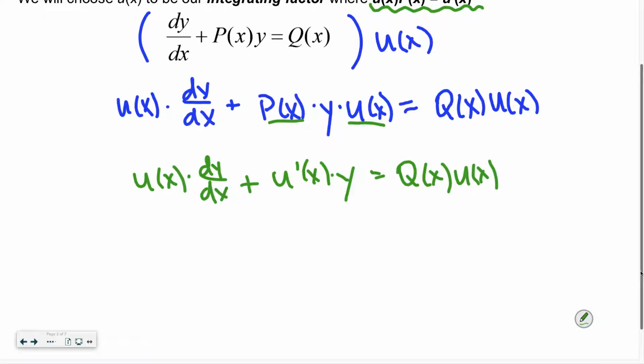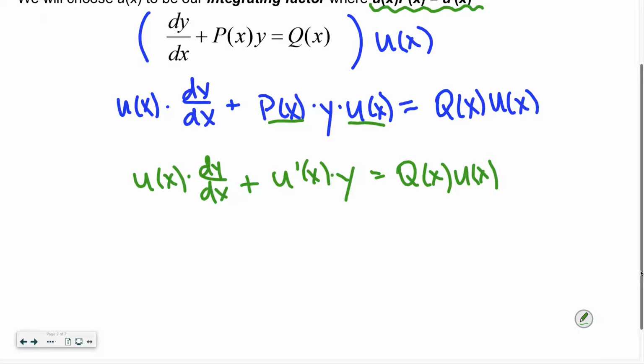Look at that left side. Does anything look familiar about it? I see u of x times dy dx plus u prime of x times y. That's like when you do the derivative of two things multiplying together.